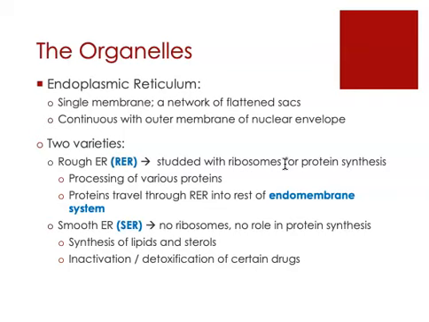And remember, ribosomes are involved in protein synthesis. So that tells us what the rough endoplasmic reticulum is involved in. It's involved in this processing that goes on with proteins that are produced by the cell.